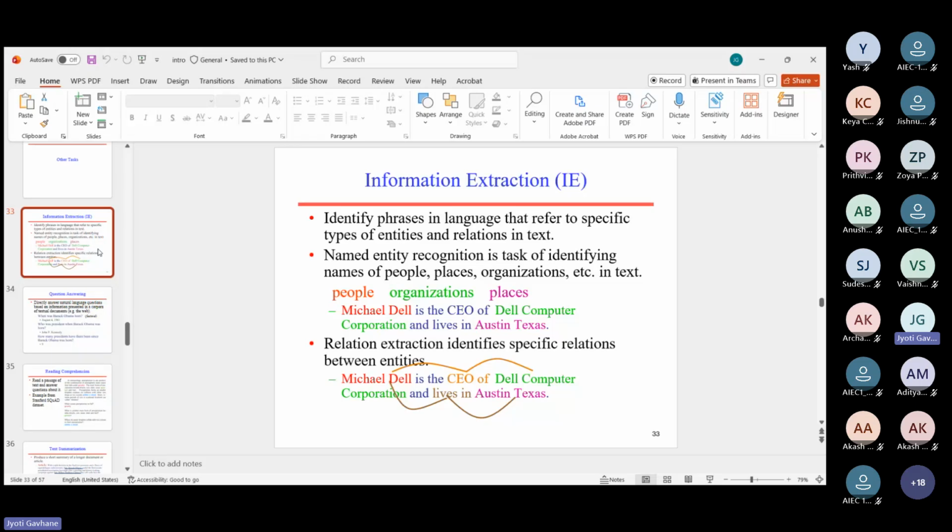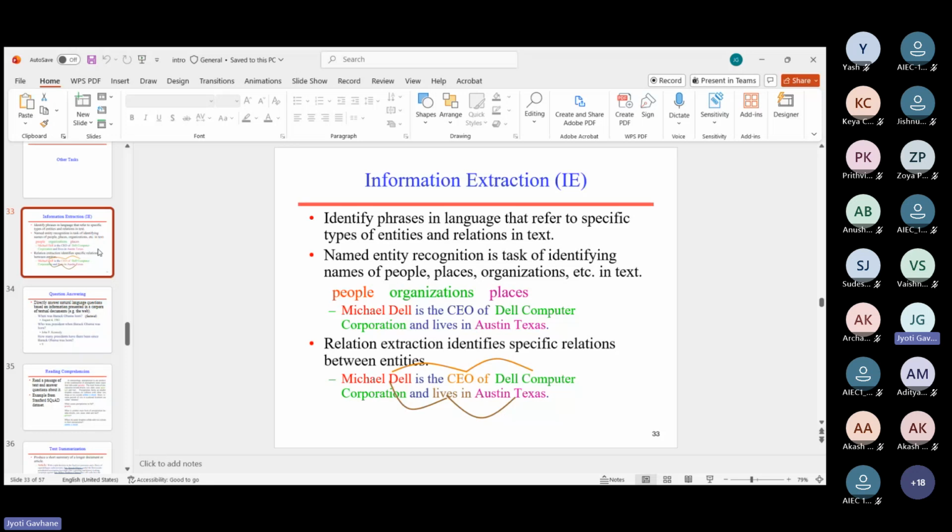Or if I ask where does Michael Dell live, you have to answer Austin, Texas. So many nouns are connected to one name, and based on that the extraction should happen. That is called relation extraction.